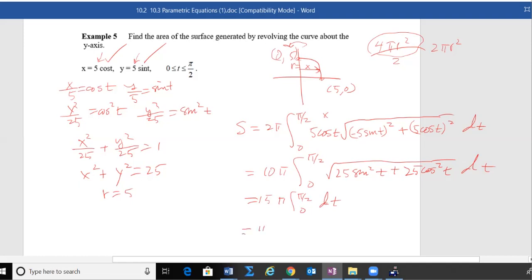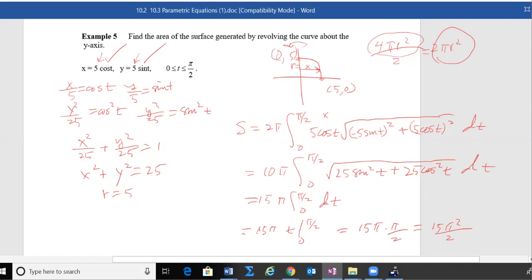So it looks like we have a 15 pi with t from 0 to pi over 2. So that makes 15 pi times pi over 2, which is 15 pi squared over 2. Okay, so up here we said we thought we would get this.